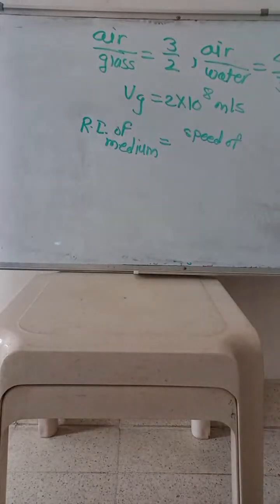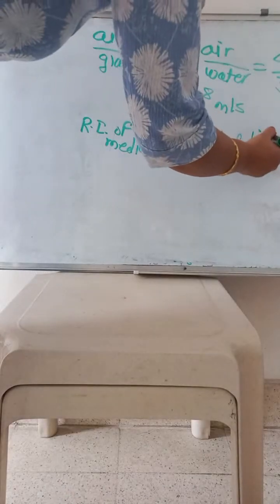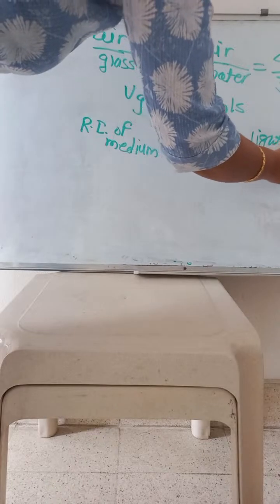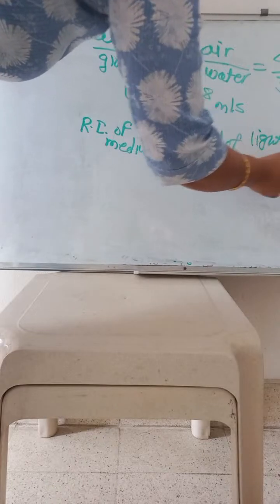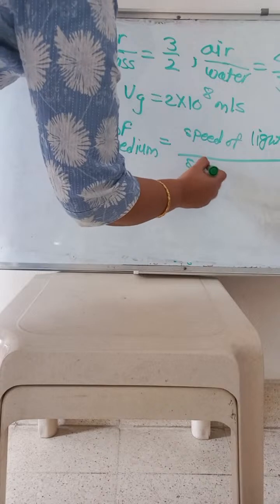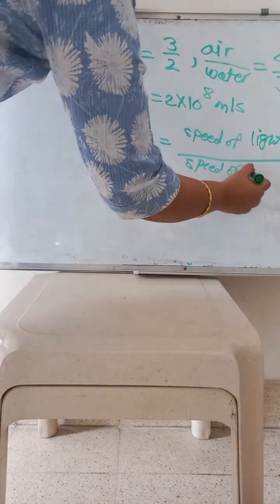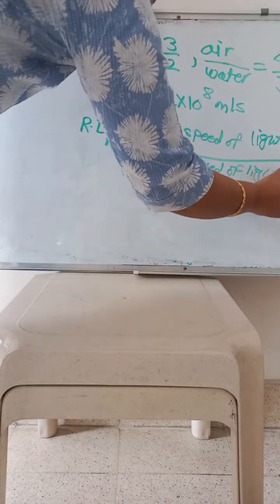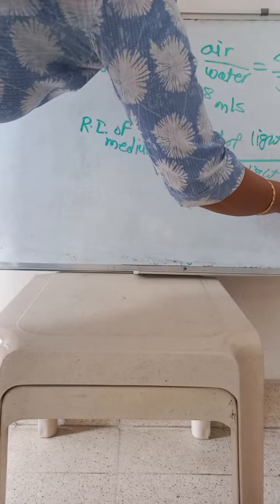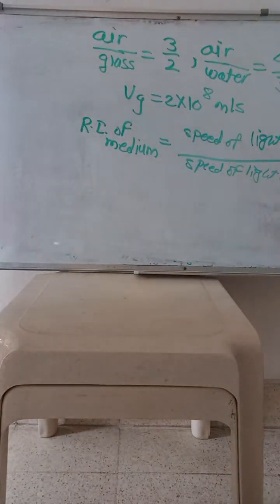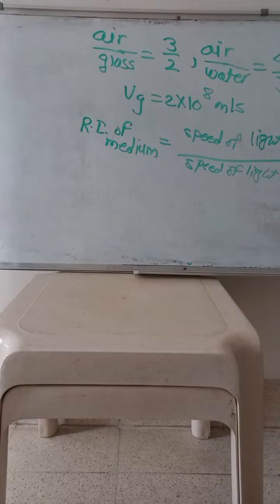Okay, which speed of light you are taking now here? You have to take speed of light in the air. Speed of light in air divided by speed of light in a medium. Okay, so from this you will get the values.